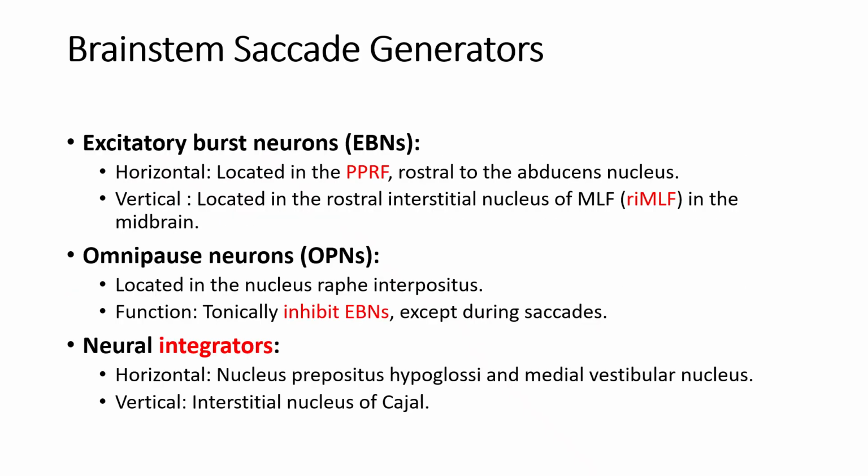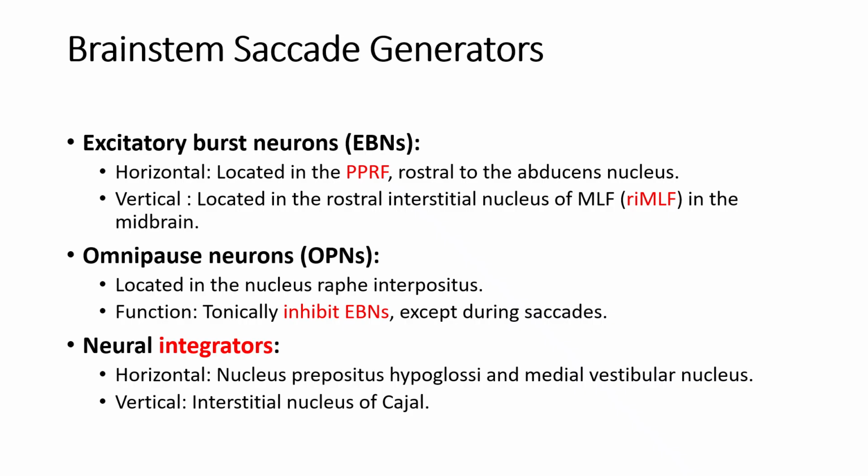Brainstem saccade generators. Excitatory burst neurons, horizontal saccades, located in the PPRF rostral to the abducens nucleus. Vertical saccades, located in the rostral interstitial nucleus of MLF in the midbrain. Omnipause neurons, located in the nucleus raphe interpositus.